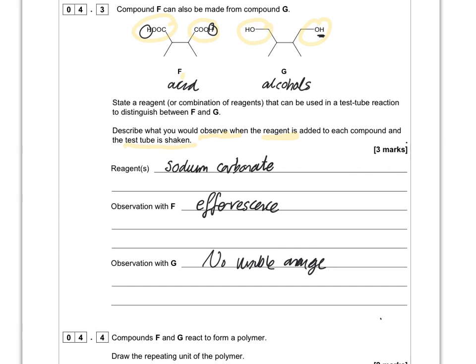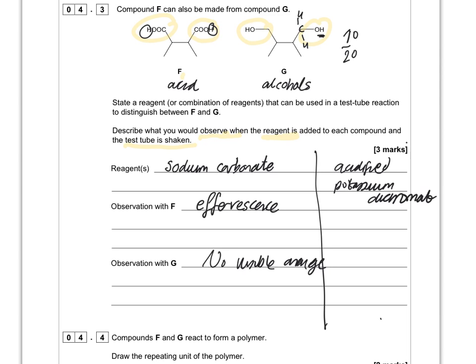Or you may have been thinking back to your alcohols and you remember that if you warm alcohols, certainly primary and secondary alcohols, and this is a primary alcohol because it's attached to a carbon with two other hydrogens, you know that primary alcohols react with acidified potassium dichromate, which is orange. And therefore with F, acids can't be oxidised any further, so you would get no visible change.